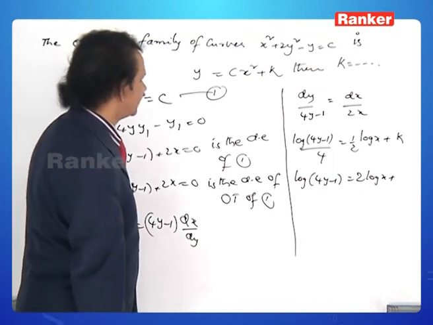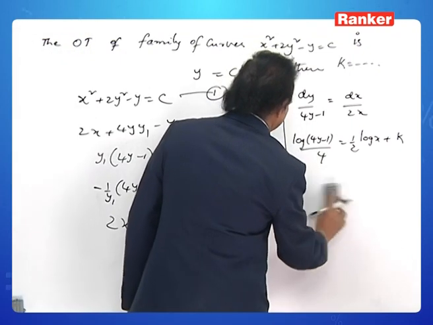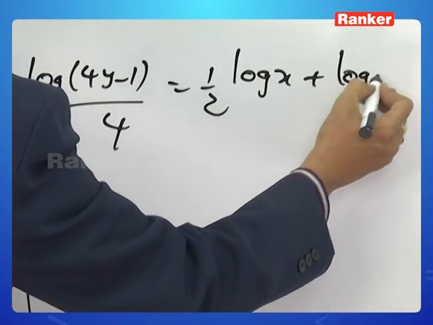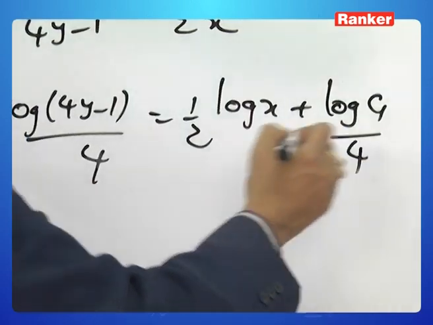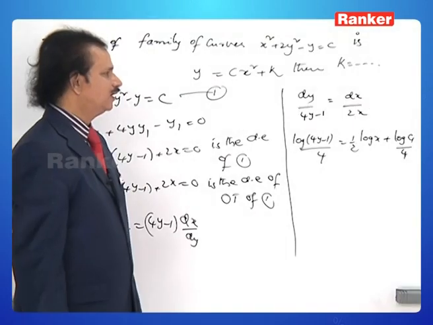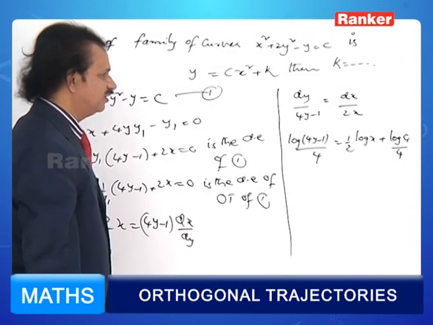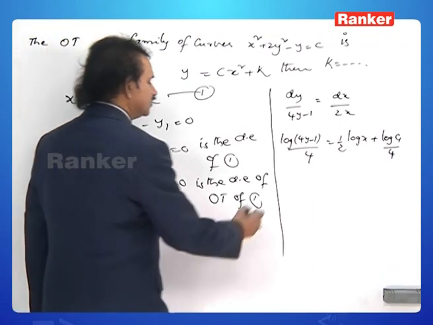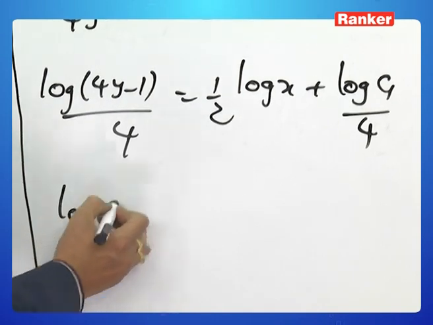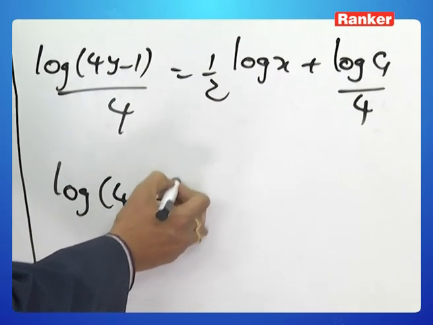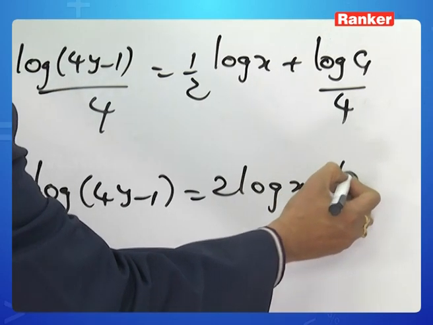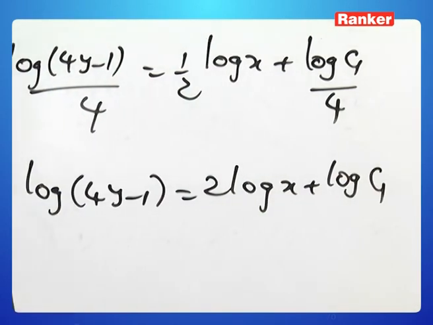Instead of 4k, let me write log c1. Instead of k, let me write log c1 by 4. Now you multiply it with 4. What happens? Log 4y minus 1 is equal to 2 log x plus log c1.